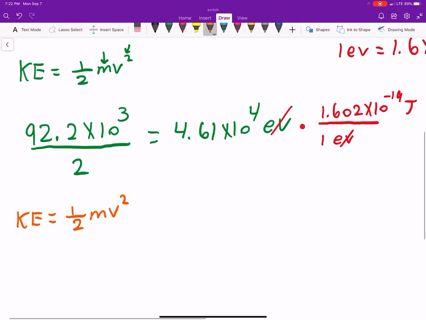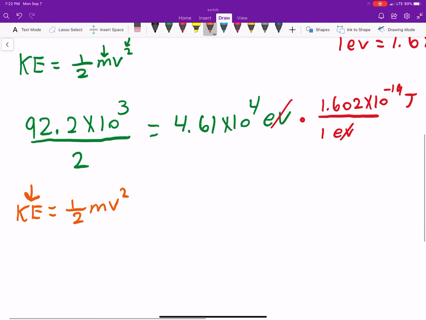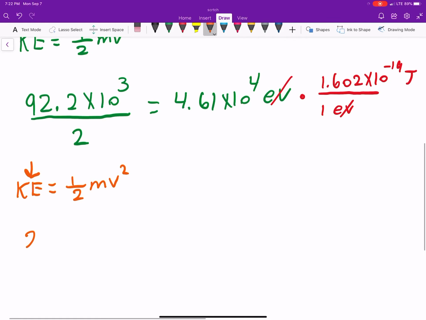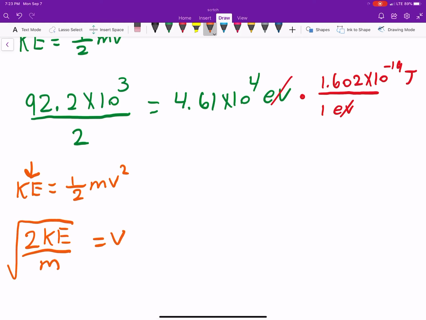And the reason why we're converting that is because we're going to plug that into here to solve for our velocity. So 2 times the kinetic energy divided by the mass, square root, is your speed. But from the previous part, we know what the kinetic energy is. We solved for it.